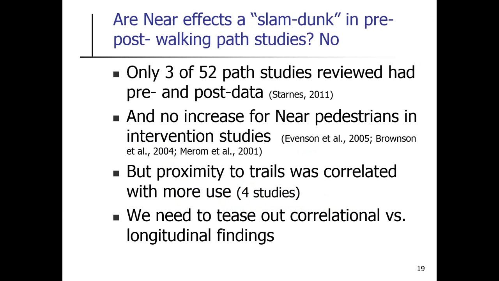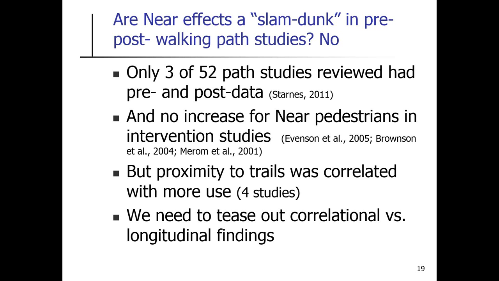But I don't consider these effects a slam dunk. When you look at pre-post walking path studies, there are very few studies that actually say that exposure to a walking path increases walking by nearby residents.